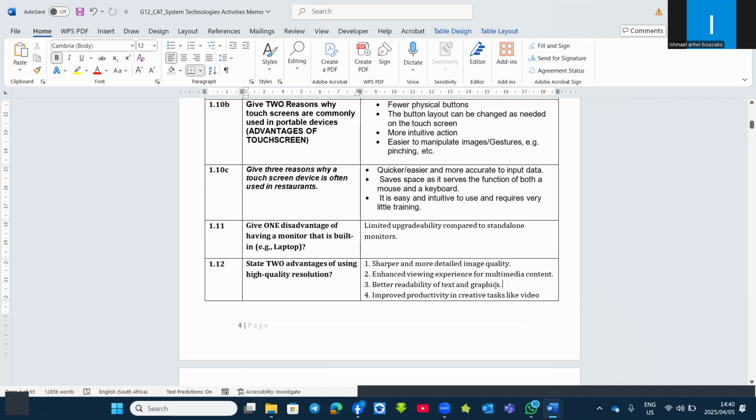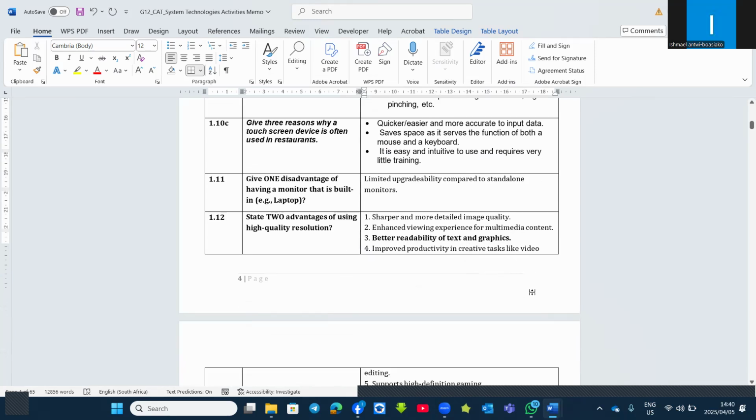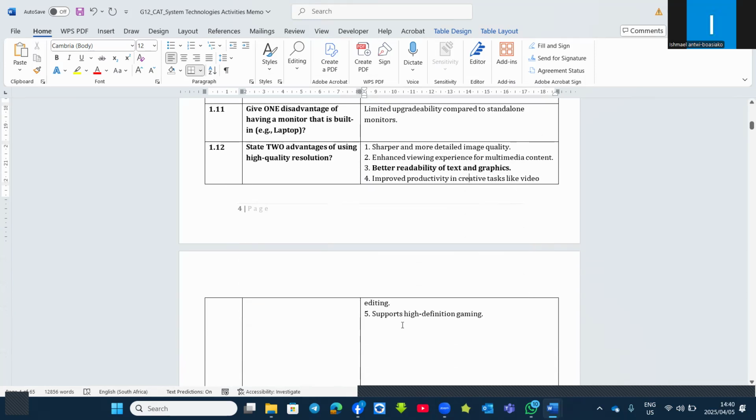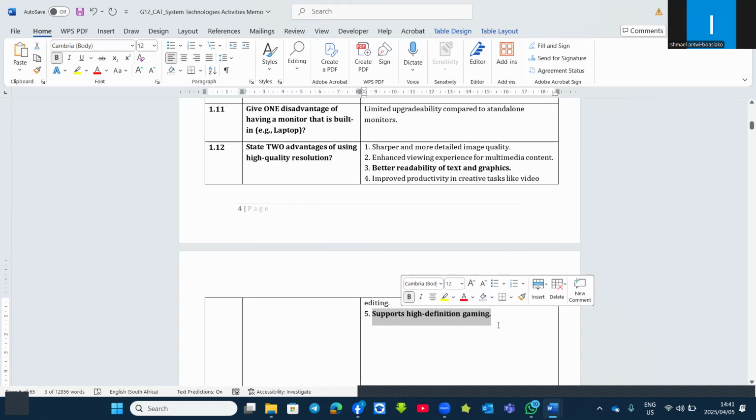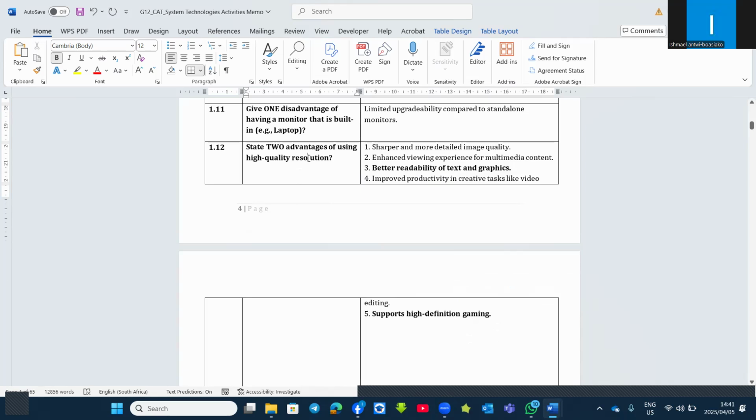You are able to read the text or maybe watch videos in a better way, improve productivity in creative tasks like video editing and others. And it also supports high definition gaming. When you have a better resolution, you can use it for games and other things like, let's say, photo editing in so many ways. So high resolution is good for a power user as well.